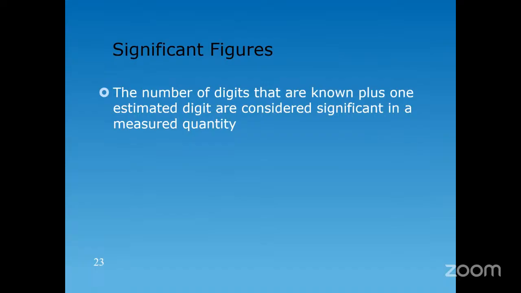It's the number of digits that are known, plus one estimated digit, and that is collectively the number of significant digits, right? So if you're given a question and this number is given to represent some measurement, then you can conclude that the first 5 digits you're certain about.